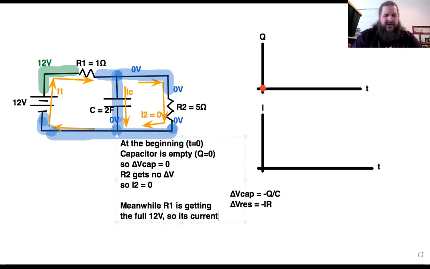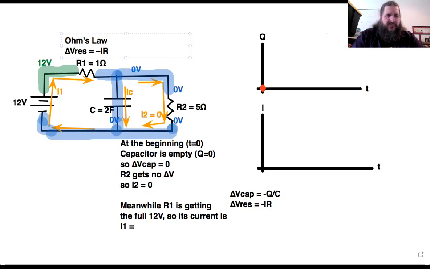So its current is... how would you calculate the current there? You can use Ohm's law, right? Because we have R and we have V. Yeah, we know delta V, we know R. So we can use delta V resistor equals negative IR.